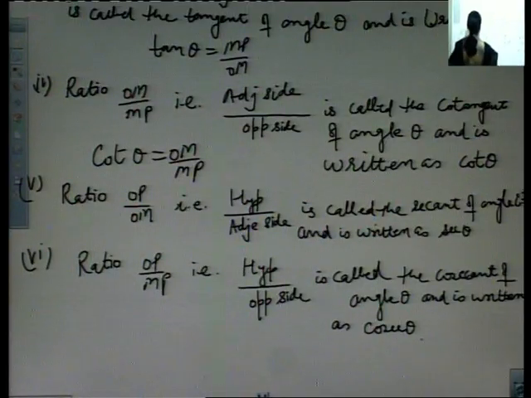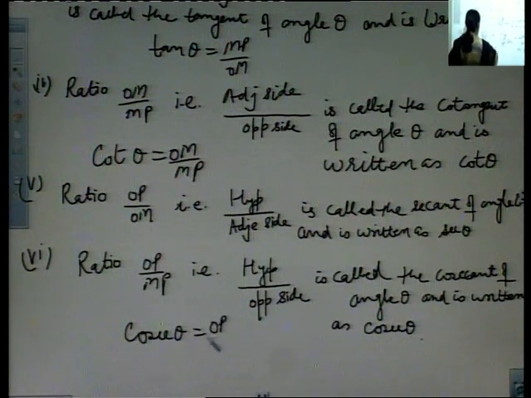It means we can write cosecant theta is equal to OP upon MP.